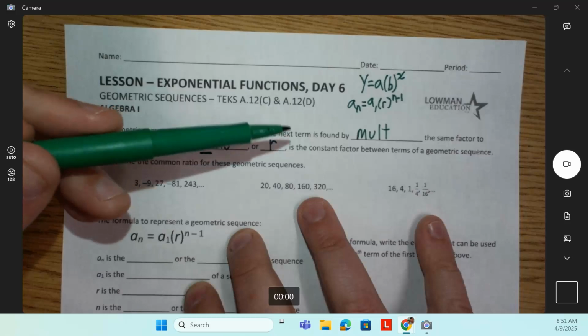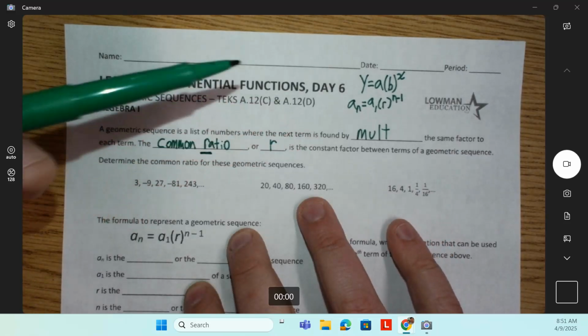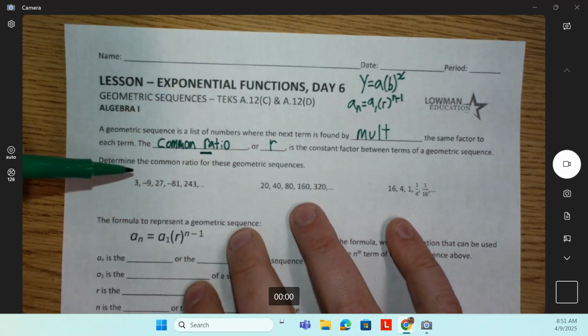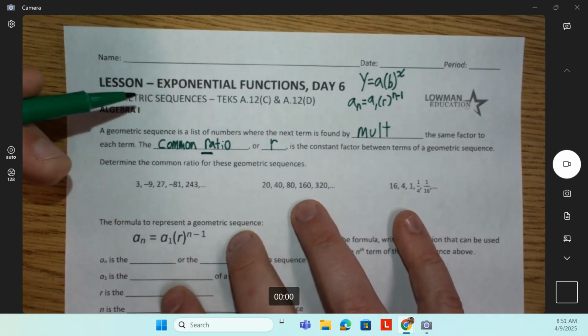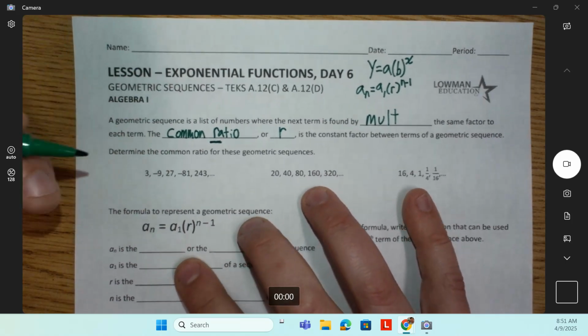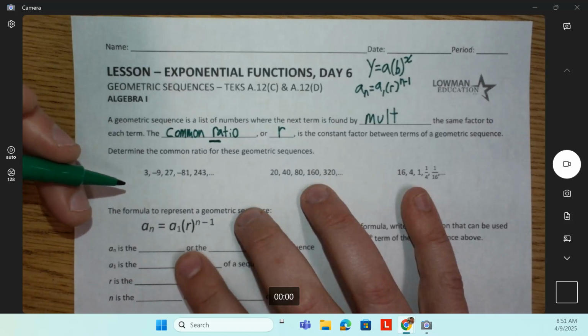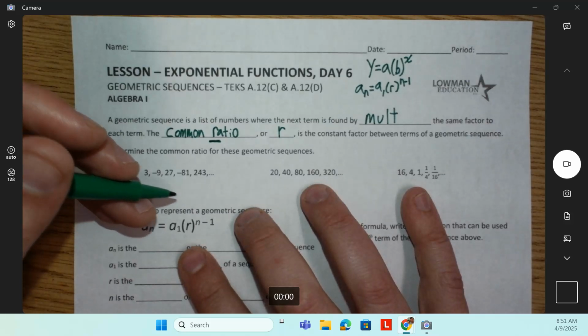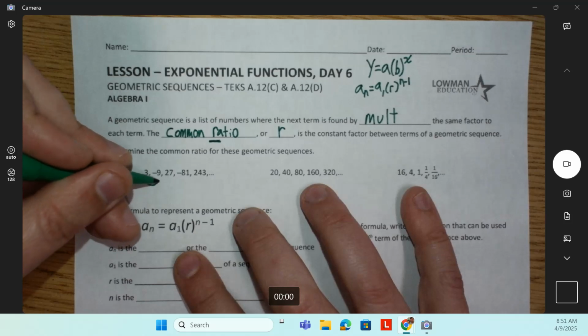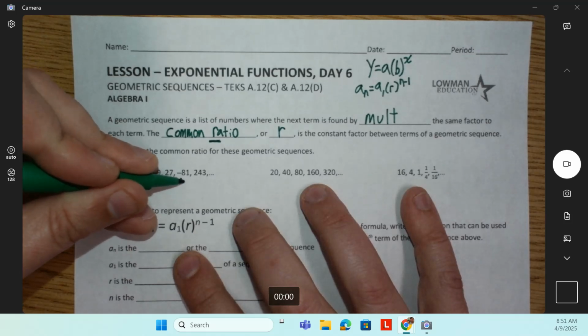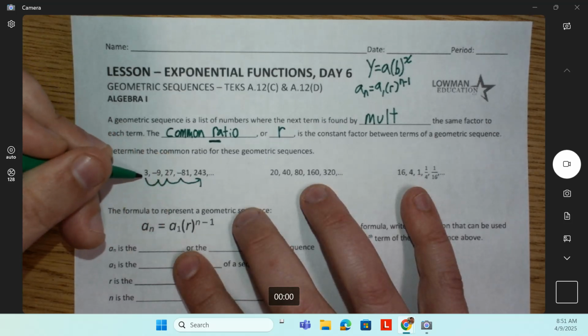That's a constant factor between the terms of a geometric sequence. And so it wants us to just figure out what's the common ratio. What are we multiplying by? Which is really just how we found b, the b value, when we were looking at tables on our exponential functions. So what is being multiplied by as we go to each one?